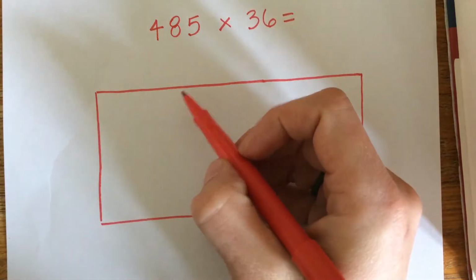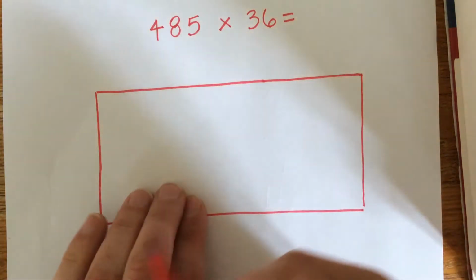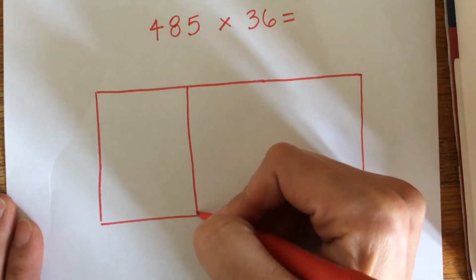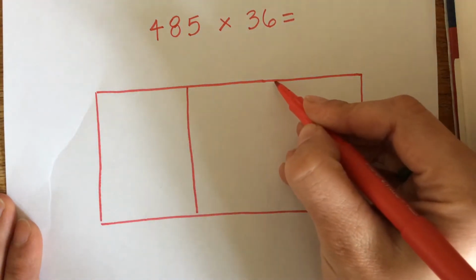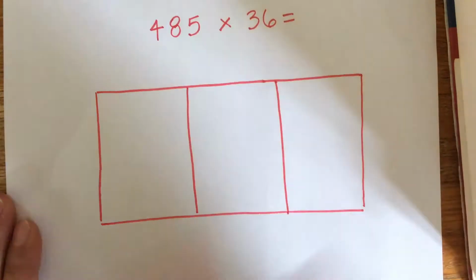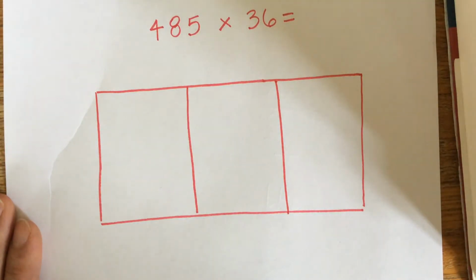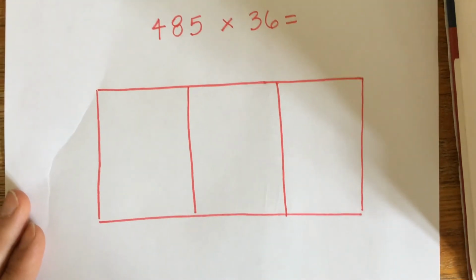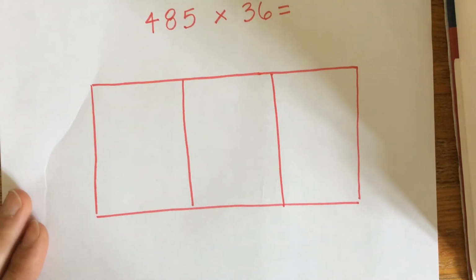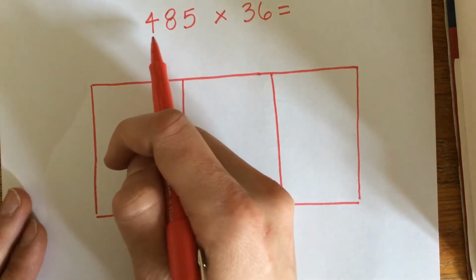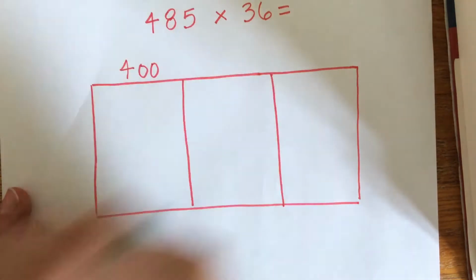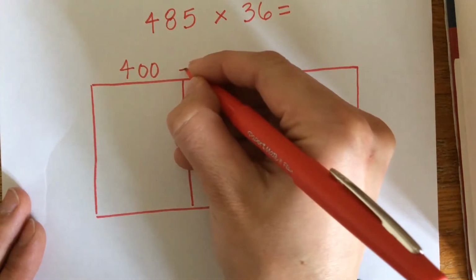And so because it has 3 digits, I'm going to break this rectangle into 3 smaller vertically aligned rectangles. And I am going to ask my students over the web, what are the hundredths? And hopefully you have noticed that the hundredths here is this 4, and we're going to write 400. And a little plus sign.